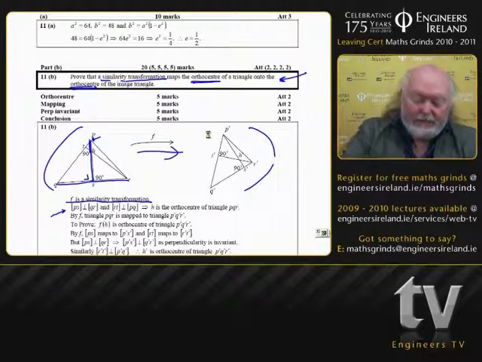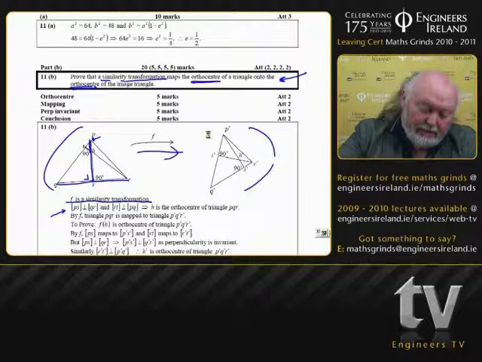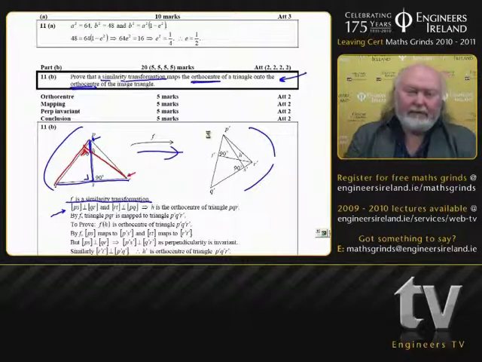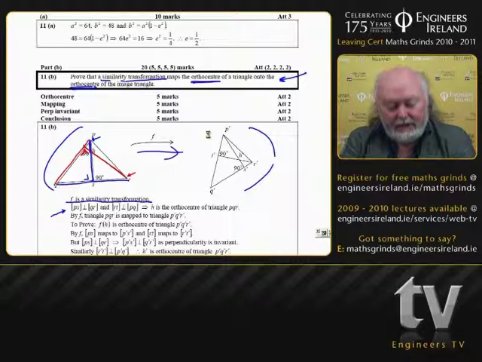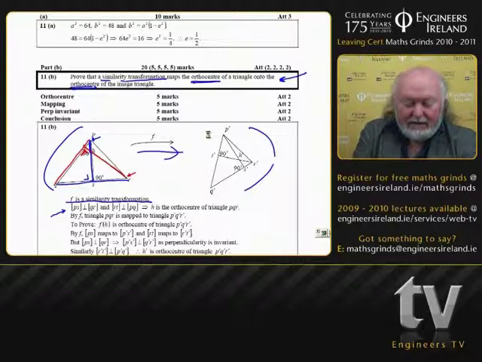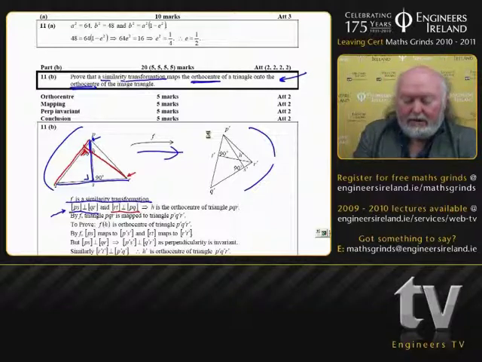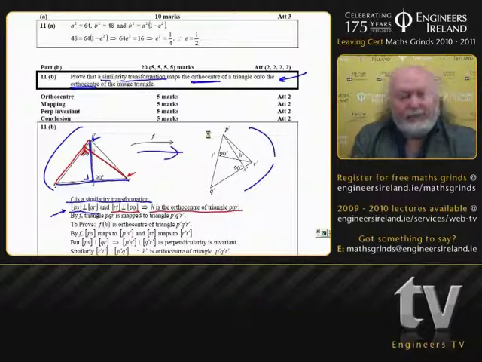We're going to say the same thing about this lad. This line is perpendicular to that line, and it touches this corner of the triangle. So PS is perpendicular to QR, and RT is perpendicular to PQ. Therefore H is the orthocenter of the triangle.